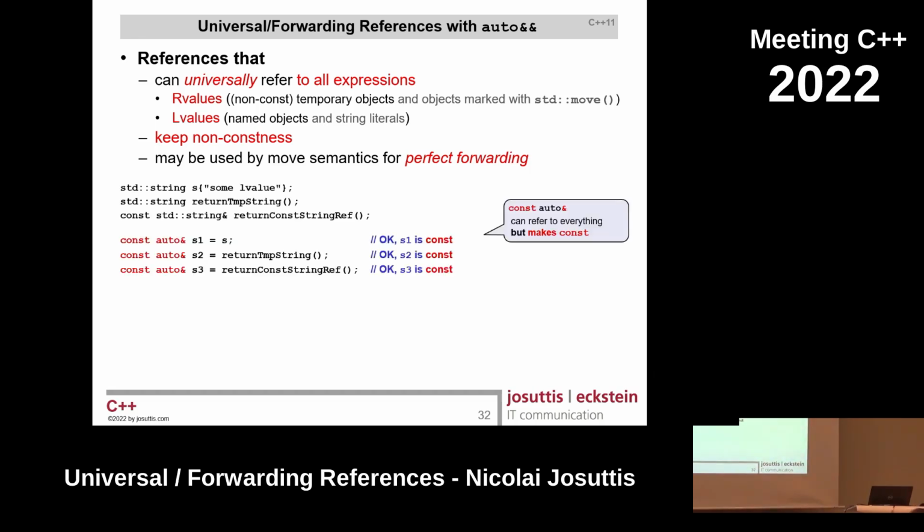So let's look at this with another example. If you write generic code, look only at the left-hand side of this, and you declare something with const auto L value reference, you can initialize it with everything: an L value, an R value, I mean a temporary object, a PR value or an X value.